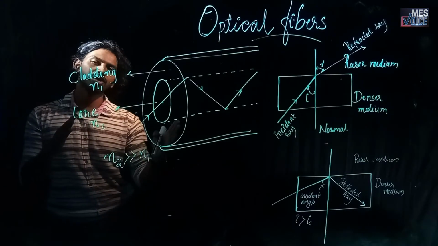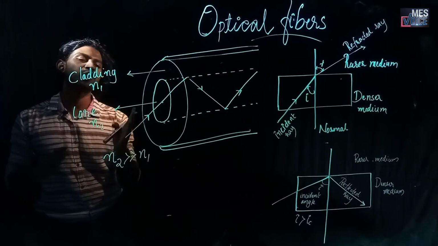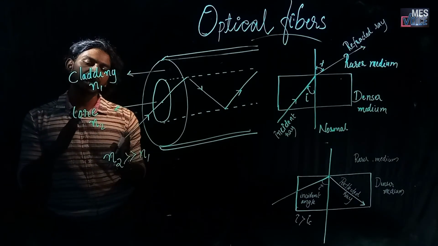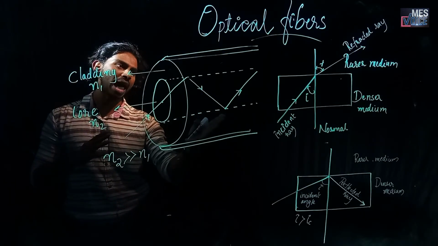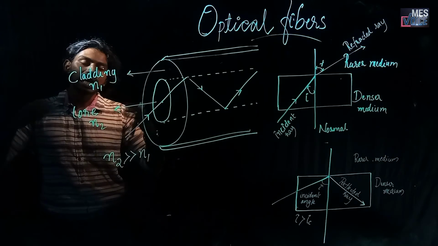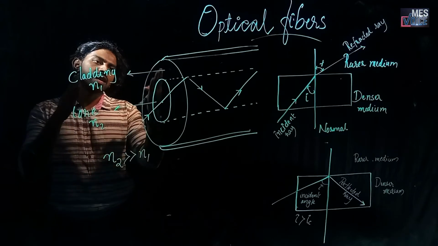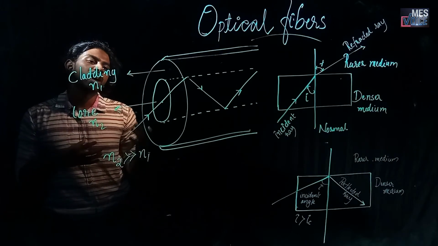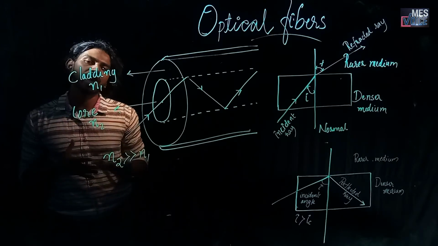So this is the illustration of the optical fiber structure. What is happening inside the core is that when the light ray passes from the core to the cladding, because the refractive index of the core is higher than the cladding, the entire ray will be reflected back and travel along the tiny optical fiber tube. In such a way we made the optical fiber: the cladding is made by mixing impurities into glass or silica, and the core is made of pure glass or silica to increase the refractive index.